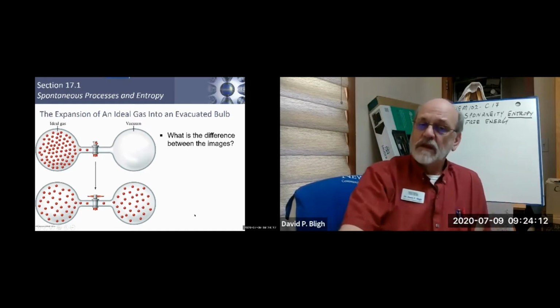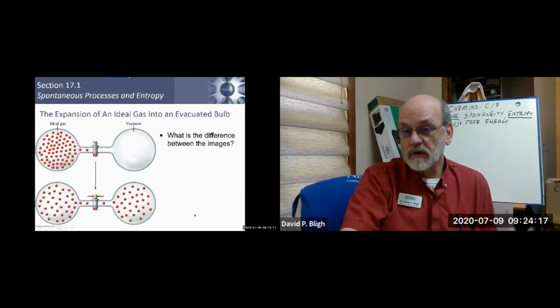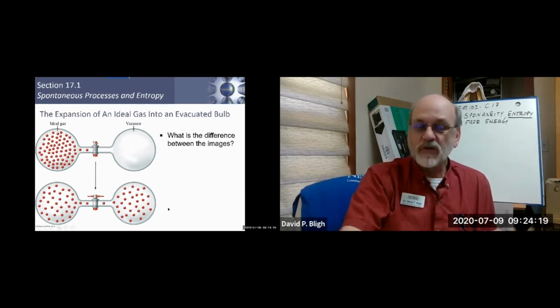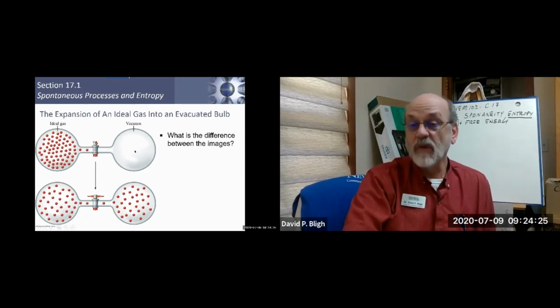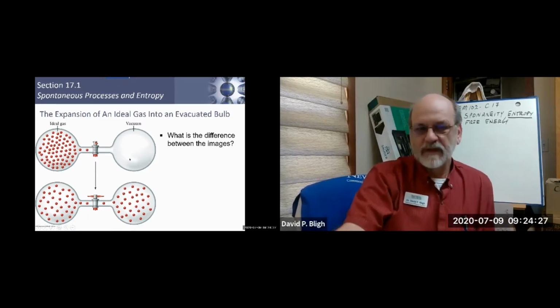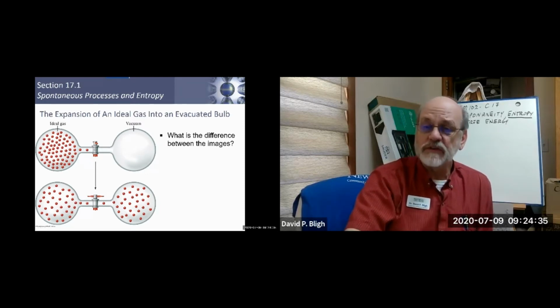So we could identify that as disorder. We've increased the number of places that those molecules can occupy by giving them more room. So we've increased their disorder. And that's one way of thinking of entropy. An increase in entropy is an increase in disorder.